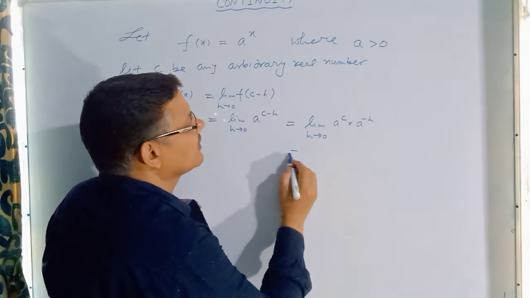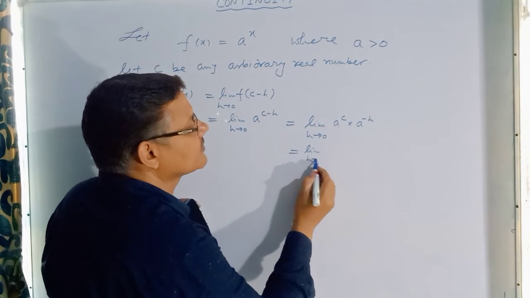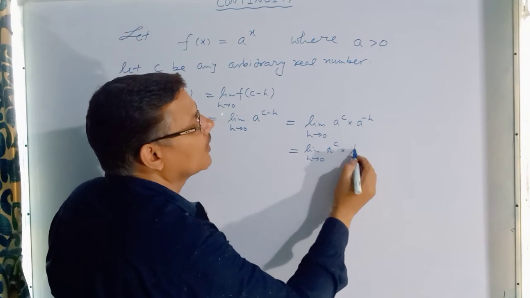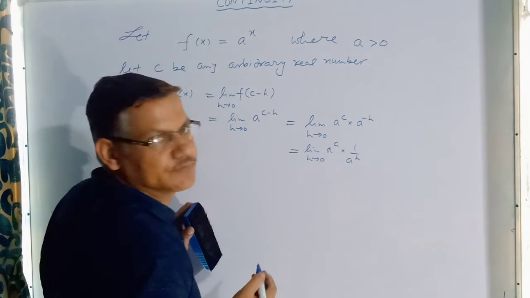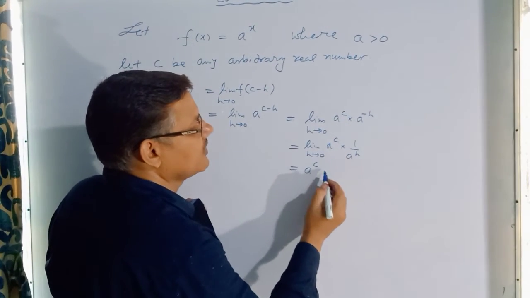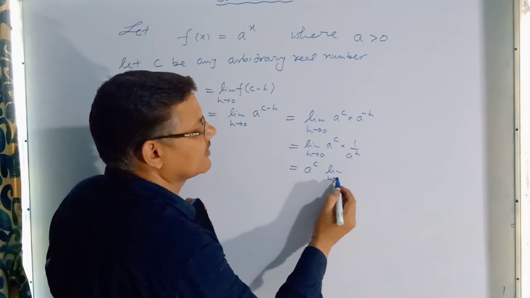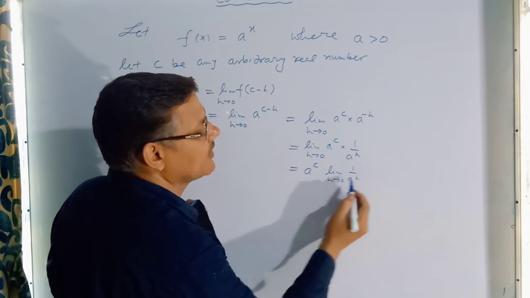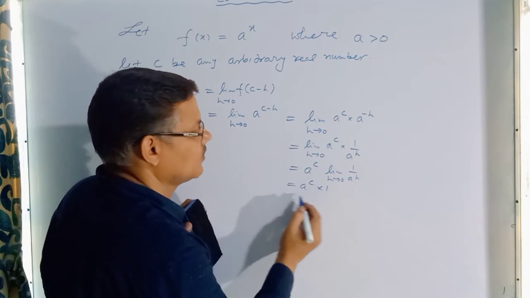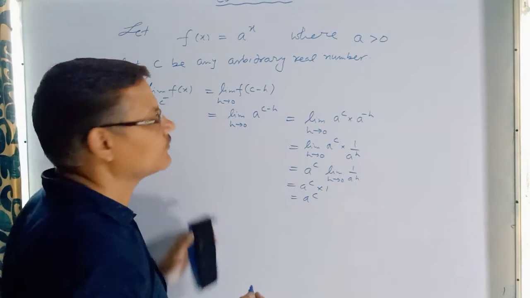The same thing is written as a^c times 1 by a^h. Now it is equal to a^c times the limit as h tends to 0 of 1 by a^h. Putting a^0, we get 1, so a^c into 1 equals a^c.